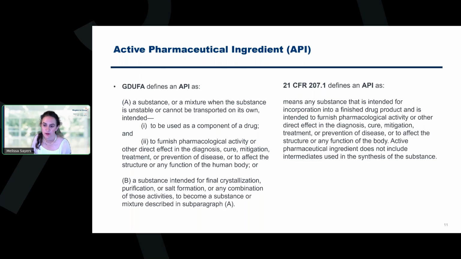Per 21 CFR Part 207.1, an active pharmaceutical ingredient means any substance that is intended for incorporation into a finished drug product and is intended to furnish pharmacological activity or other direct effect in the diagnosis, cure, mitigation, treatment, or prevention of disease, or to affect the structure or any function of the body. Active pharmaceutical ingredient does not include intermediates that are used in the synthesis of the substance.